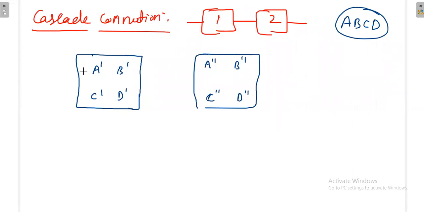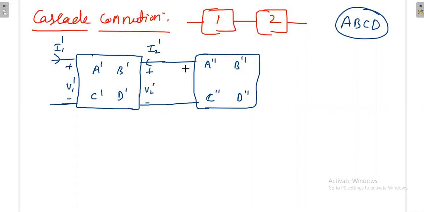Then what is the voltage and current here? The current here is I1 dash, because single dash denotes the first network, and the voltage here is V1 dash. The current here is I2 dash, and then plus minus V2 dash and plus minus V1 double dash.